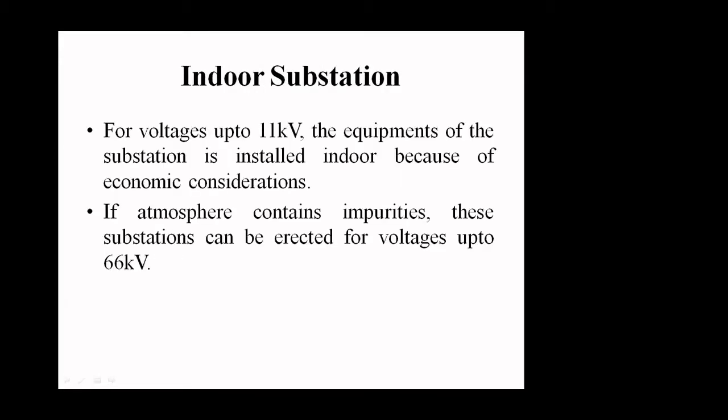Indoor substation, since it is confined to one construction or a block, can be established up to 11 kV voltage only, and there is a disadvantage of this system because of spacing issues. The voltages cannot be above 11 kV.